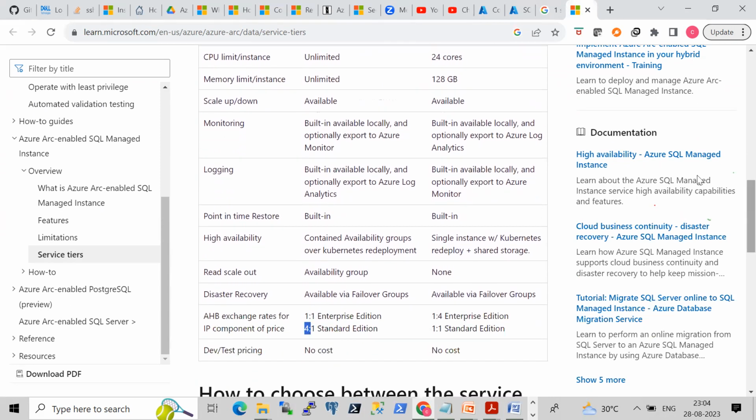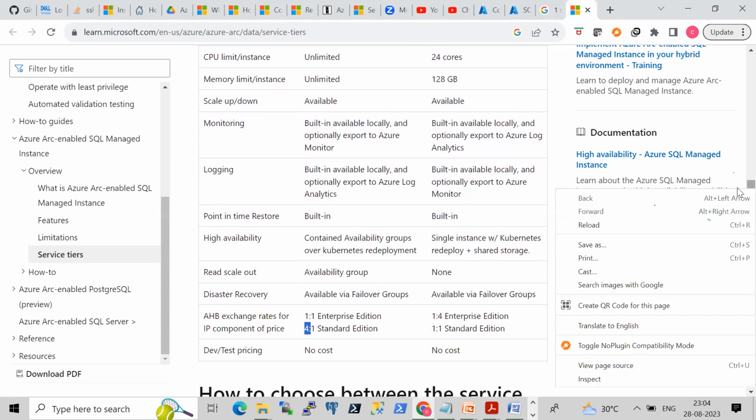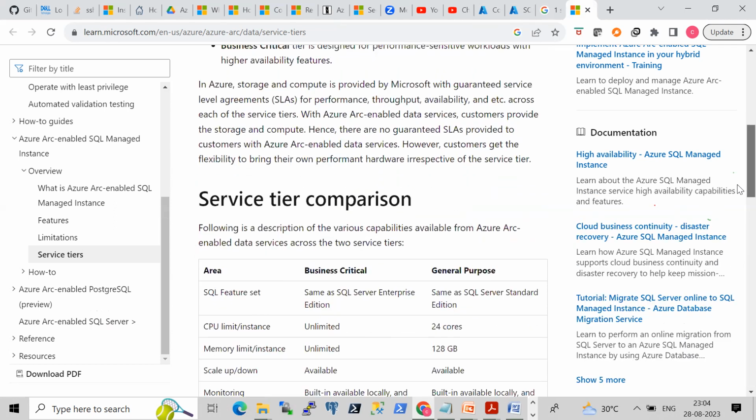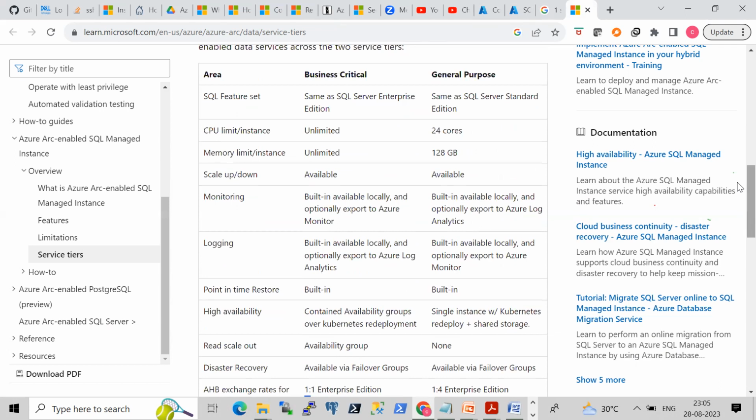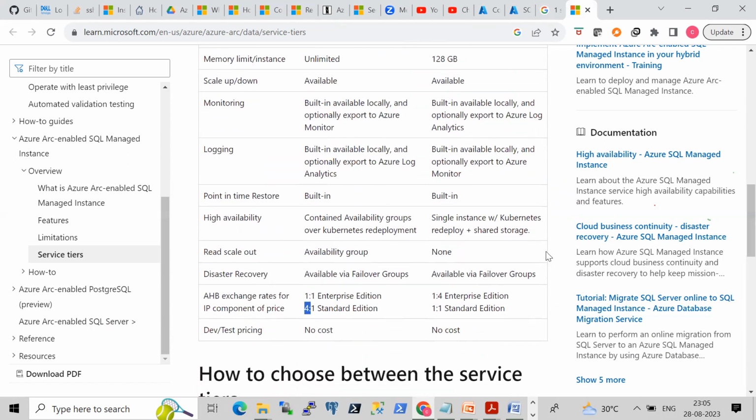If I go to general purpose, in on-premises, if I have standard edition, it is equivalent to 1 general purpose. And if I have enterprise edition on-premises, it is equivalent to 4 general purpose managed instances. So this is the important point that you have to remember.